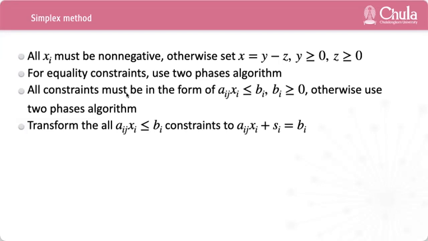The next one is that all constraints must be in the form of the sum of aij xj less than or equal to bi, where bi must be non-negative. If you cannot arrange your constraints in this form, we use the 2-phase algorithm.